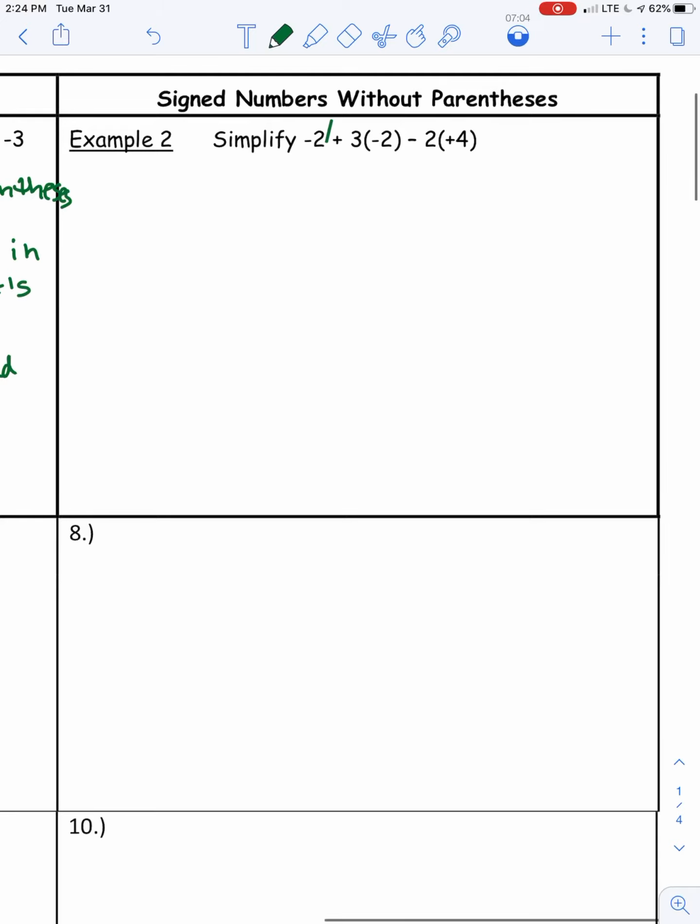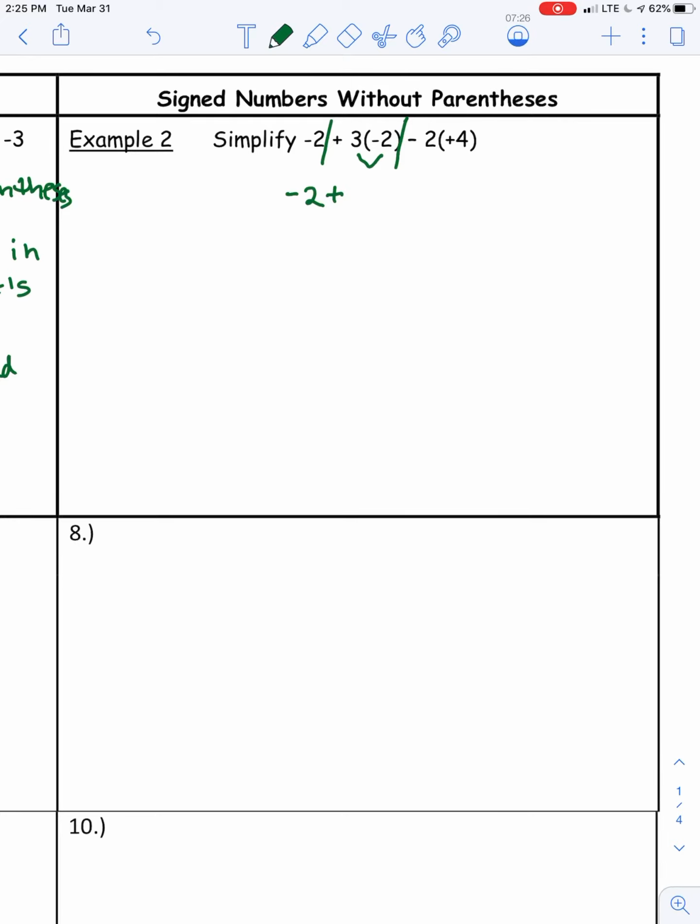So let's go ahead and categorize these like we did before. So I have a negative 2 plus 3 times a negative 2, that goes together, minus 2 times 4. This is going to be pretty easy to work through here. So I keep my negative 2. What do I get when I multiply 3 times a negative 2?